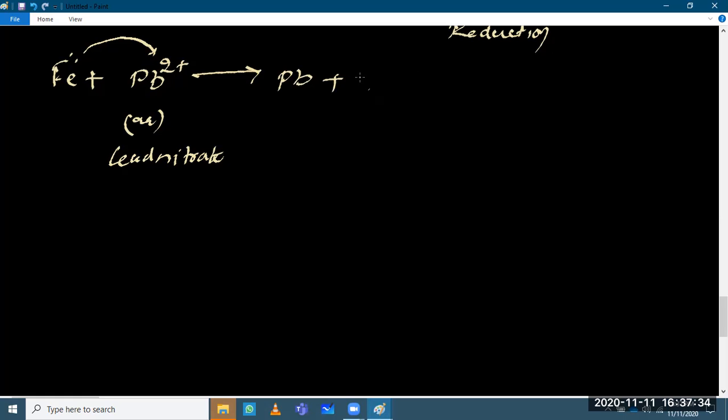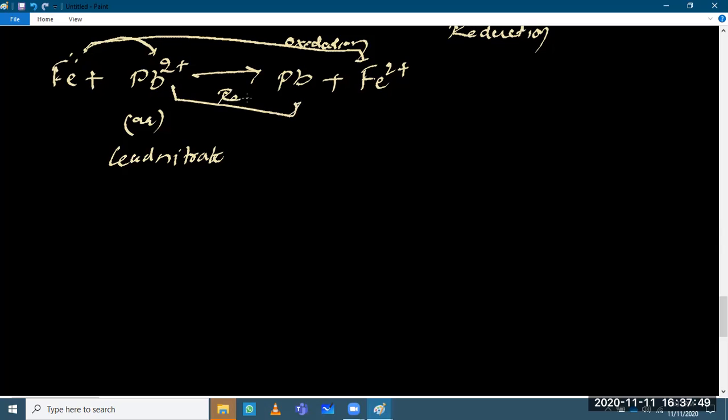After donating 2 electrons, iron becomes Fe2+ in solution. So here iron undergoes oxidation, lead undergoes reduction. That's all. Loss of electron is oxidation, gain of electron is reduction. This is the process of oxidation and reduction. So thank you. I am a bit slow.